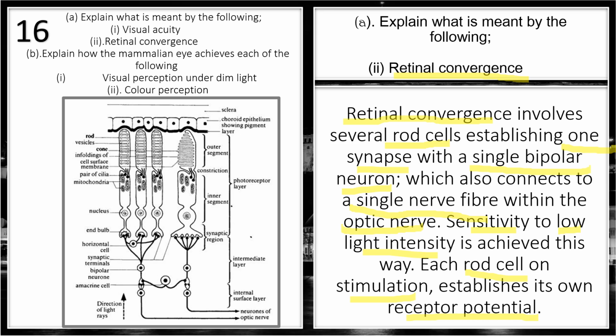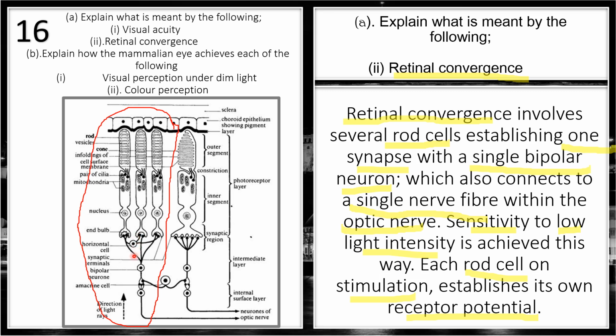When you talk about retinal convergence, we are talking about the rods. Here we have three rod cells, and each rod cell has a synapse. When these synapses send the impulses, they are going to be joined together.